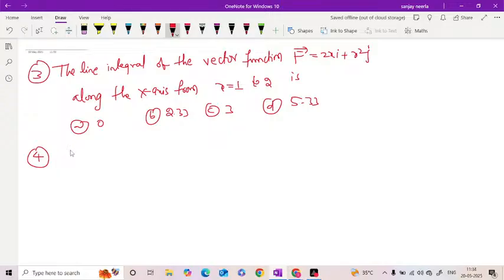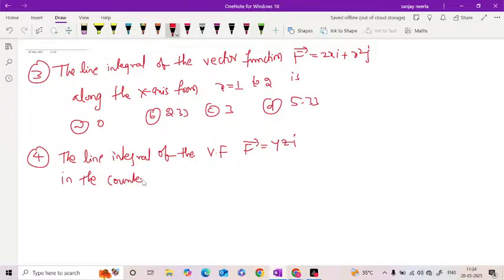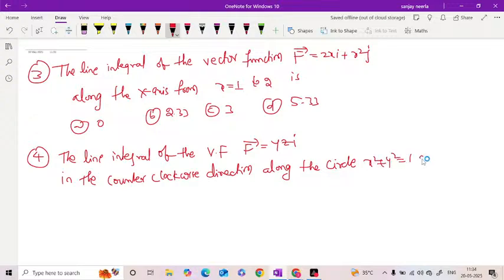The next one, the line integral of the vector point function f is equal to yz i in the counter clockwise direction. Circular x square plus y square is equal to 1 at z is equal to 1.